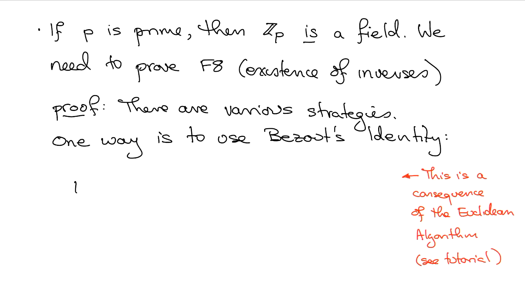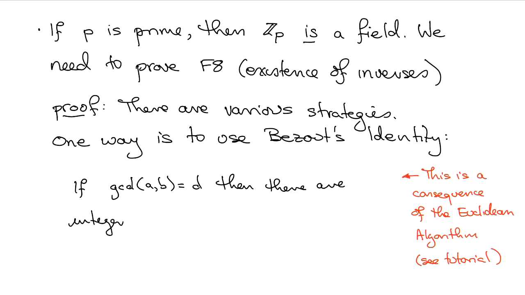Bezout's identity, a consequence of the Euclidean algorithm, says that if the greatest common divisor of a and b is d, then, this is just in the integers, there are integers lambda and mu such that lambda a plus mu b equals d.